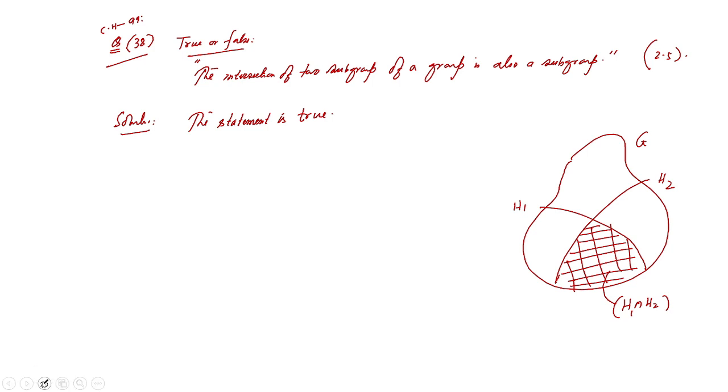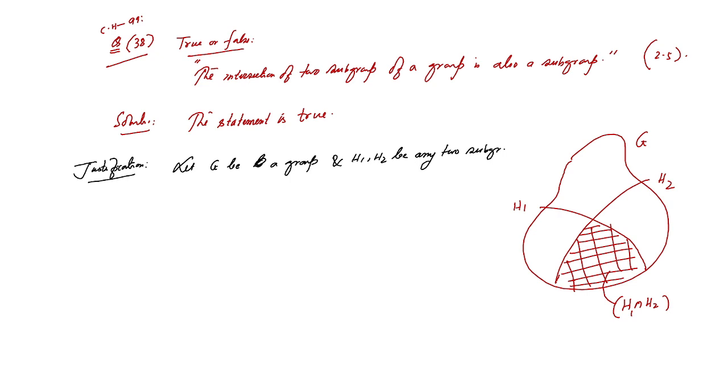We will consider two subgroups. Let G be a group and H1, H2 be any two subgroups of G. Then what we have to prove?